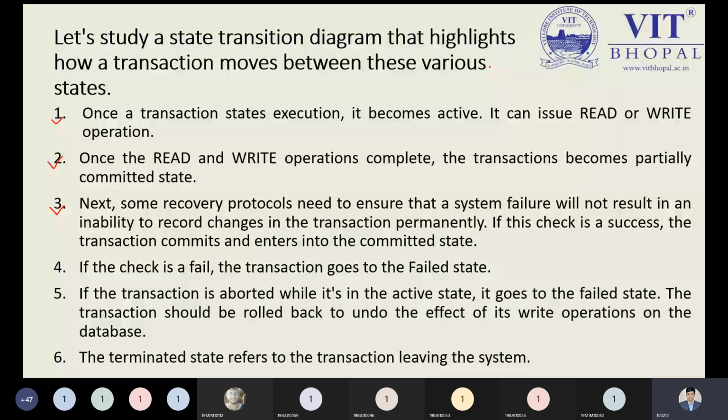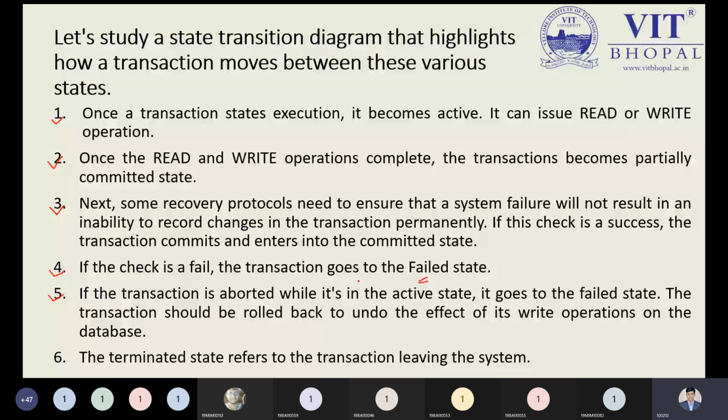Next, if a check fails, meaning some information we are looking for is not found, the transaction goes into the failed state, and that is considered a failed transaction. Now the fifth one: the transaction is aborted while it is in the active state, so it goes to the failed state. Of course the transaction is aborted due to some reason.